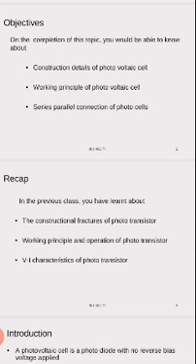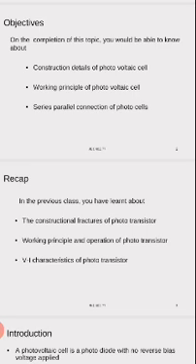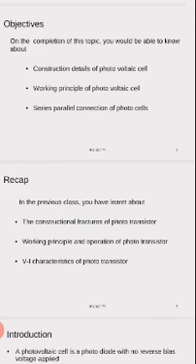Recap. In the previous class, you have learnt about phototransistor, features of phototransistor, working principle, and operation of phototransistor, VI characteristics of phototransistor.